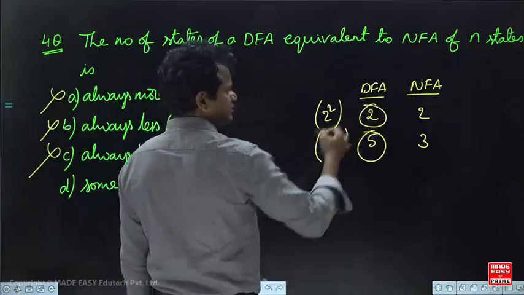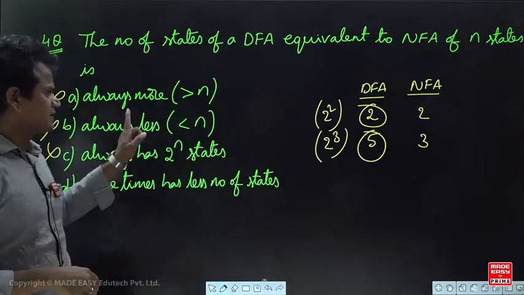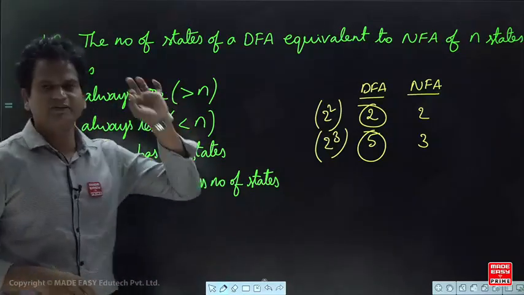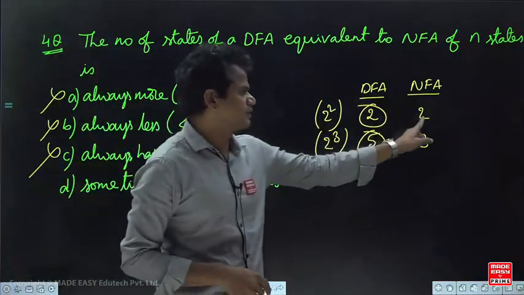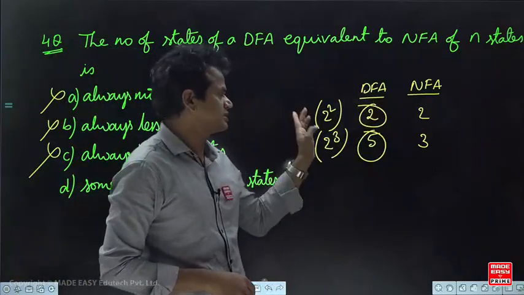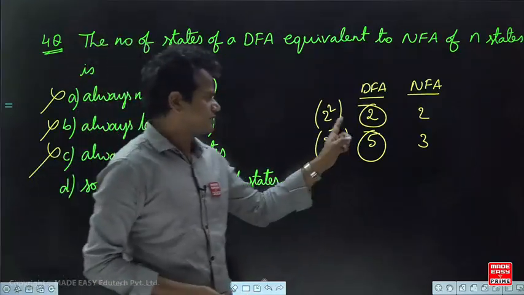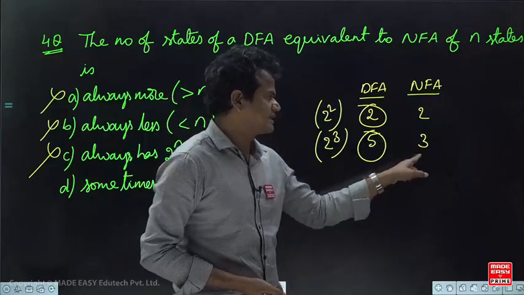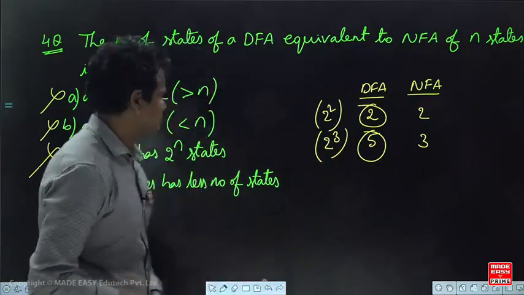Are you following? I repeat, if 2 power n is correct, if the NFA has n states and the DFA is always 2 power n, then 2 power 2, 4 states has to be there. But how many states do we have in the DFA? 2 states. When the NFA is 3, 2 power 3 is 8. But how many states do we have? 5. So this is also not correct.